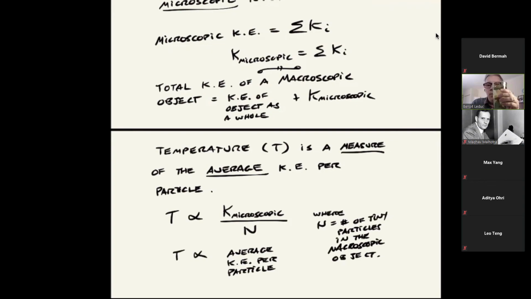And it gives you a measure of how much average kinetic energy those water particles have. In a hotter body, on average, the kinetic energy will be greater. Since kinetic energy is mv squared over 2, it's not only v, it's also the mass. But for a pure substance where the mass of all the tiny particles is the same, a hotter body means that the particles will be moving more.